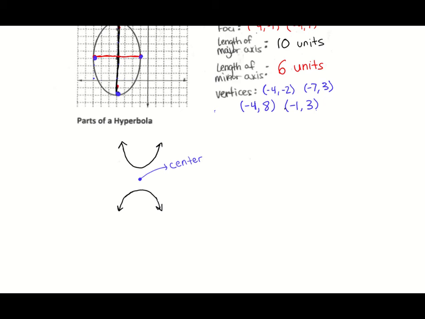Then I'm going to draw in some lines for our hyperbola. The first line I'm going to draw is straight down the middle. The name for this line is called our transverse axis.